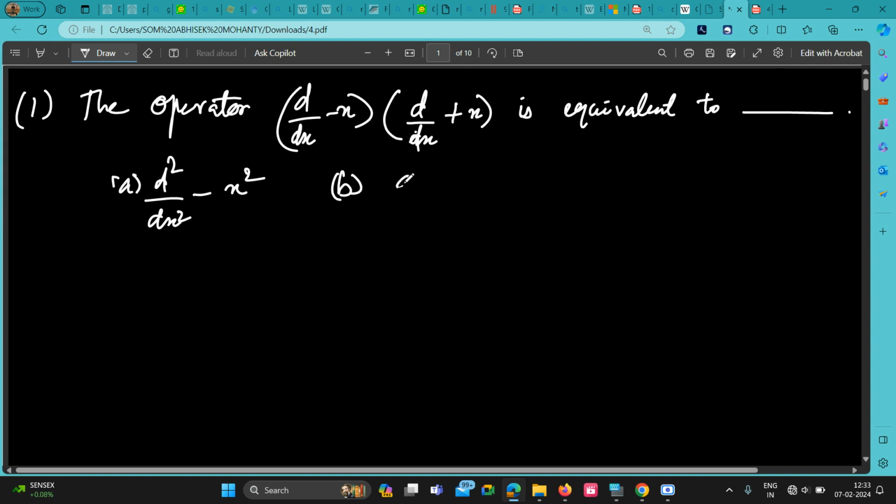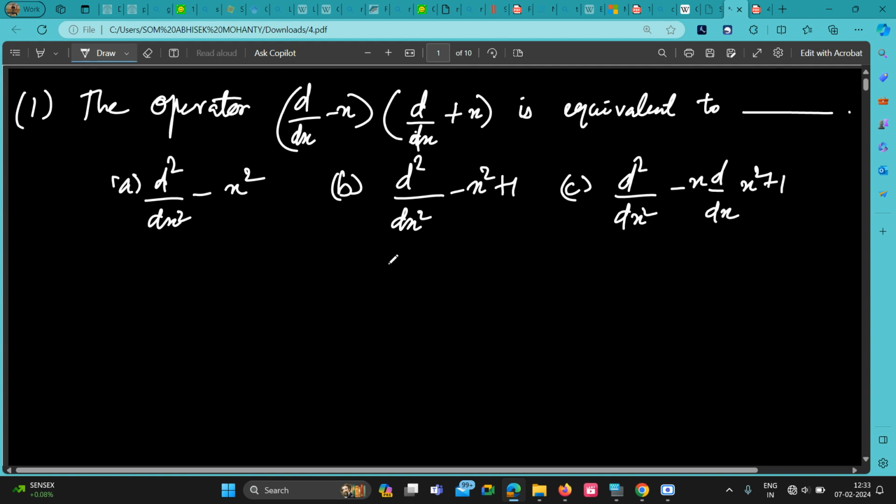Option B: d²/dx² minus x² plus 1. Option C: d²/dx² minus x d/dx of x² plus 1. Option D: d²/dx² minus 2x d/dx minus x². So the operator, this times this, is equivalent to dash.